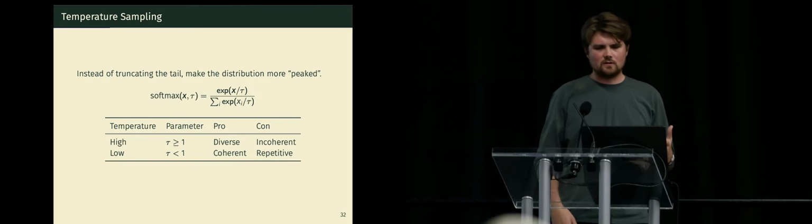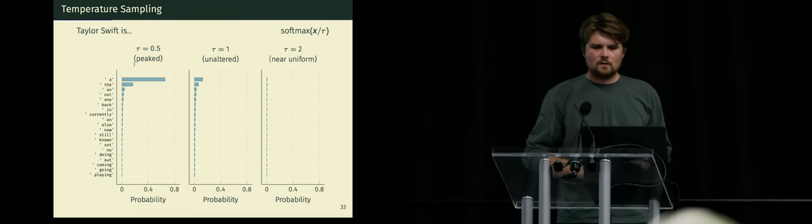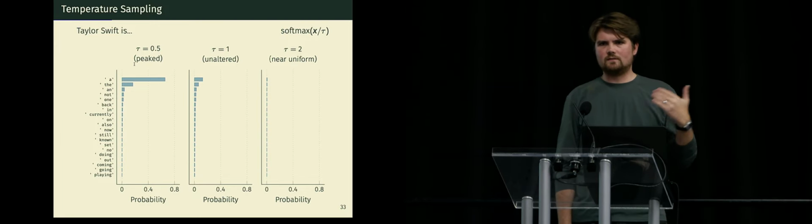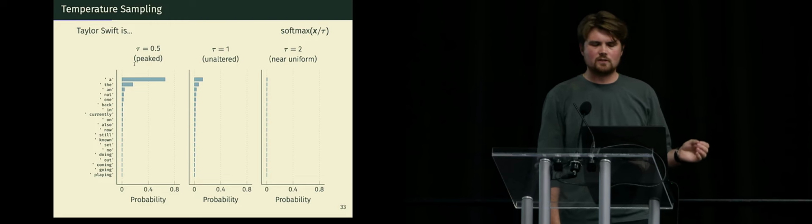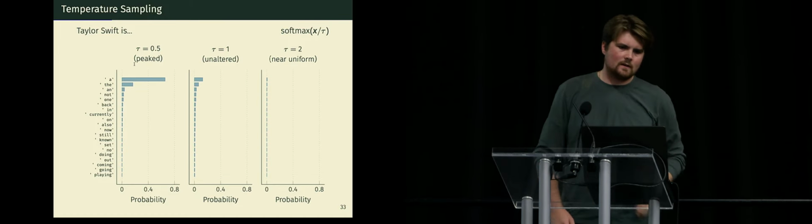If you have a low temperature, then you get a more peaky distribution. And if you set the temperature to be 0, what you end up with is greedy decoding. Only the most likely token will have probability on it, and you can see this in this example.